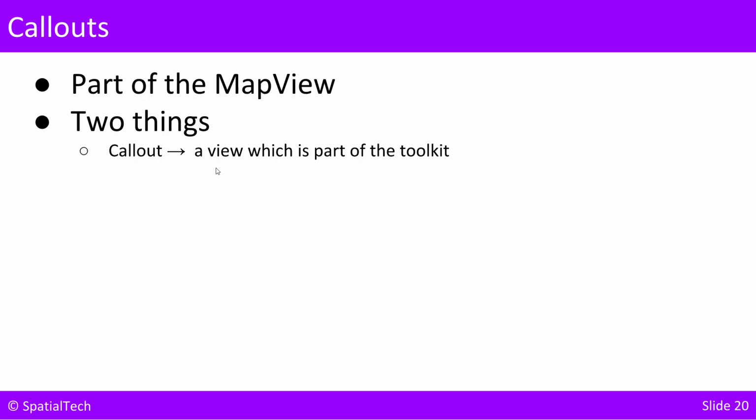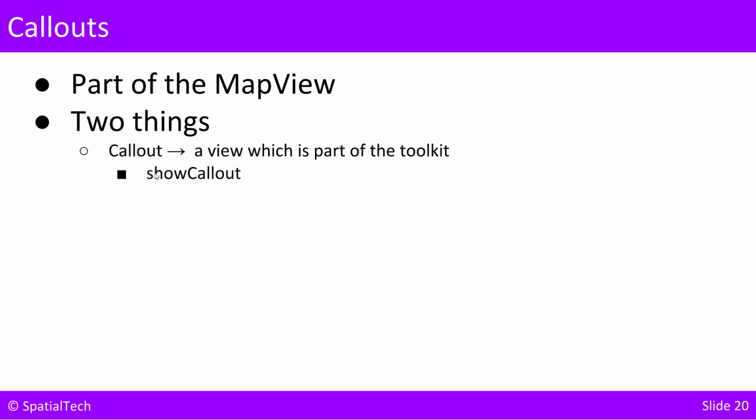So map view is pretty stock, hard to do a runtime without a map. But how you want a callout to look, be shaped, might be very different whether it's JavaScript, Qt, Android. And so for some reason they decided to split it. The part the user sees, that's in the toolkit in this case.